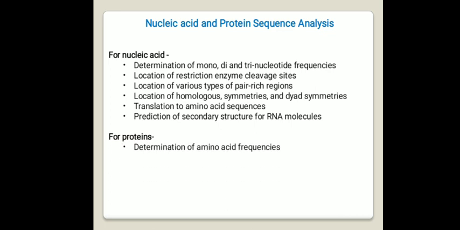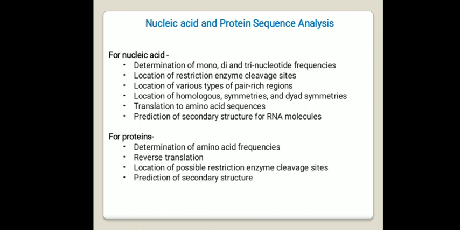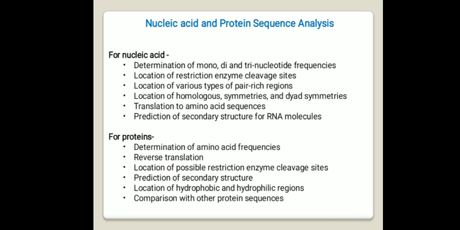Similarly, for the proteins, the functions may include determination of amino acid frequencies, reverse translation to give nucleic acid sequences, location of possible restriction enzyme cleavage sites in the corresponding nucleic acid sequence, determination of secondary structure like alpha helices, beta sheets, and turns, location of hydrophobic and hydrophilic regions, and finally the comparison, both structural and functional, with other protein sequences.